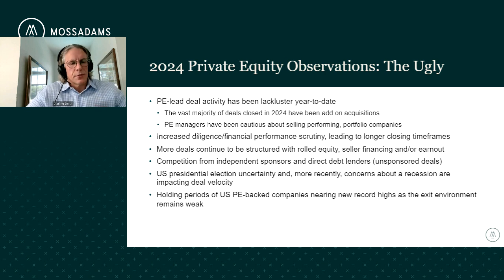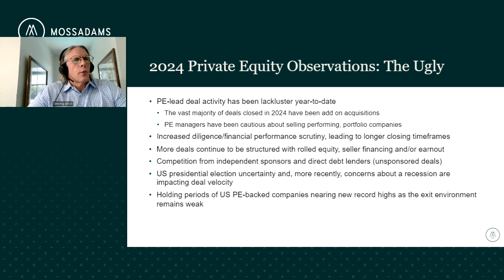So they tend to find themselves more in the add-on acquisition category. This isn't to say that private equity has quit investing. It's just been a shift into a lot of smaller roll-up consolidation type add-ons versus the larger platform entities.